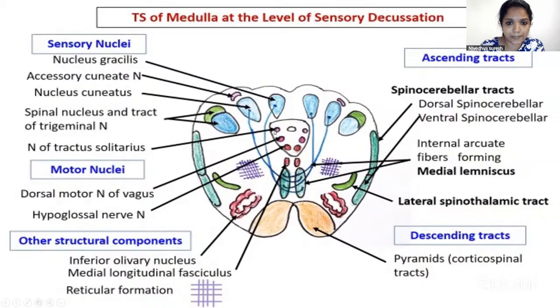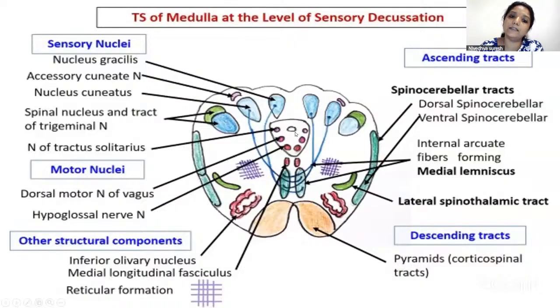The nucleus tractus solitarius also contains fibers for the vagus nerve. So you can appreciate these three nuclei, and again the central canal.